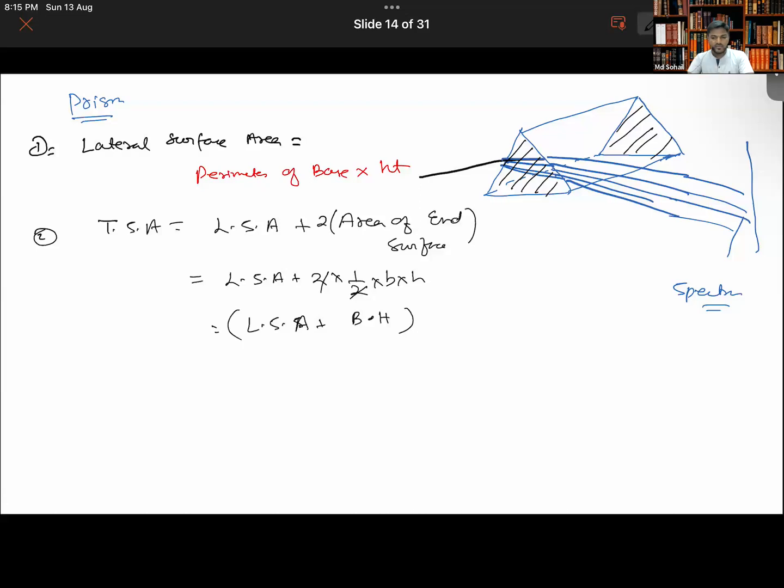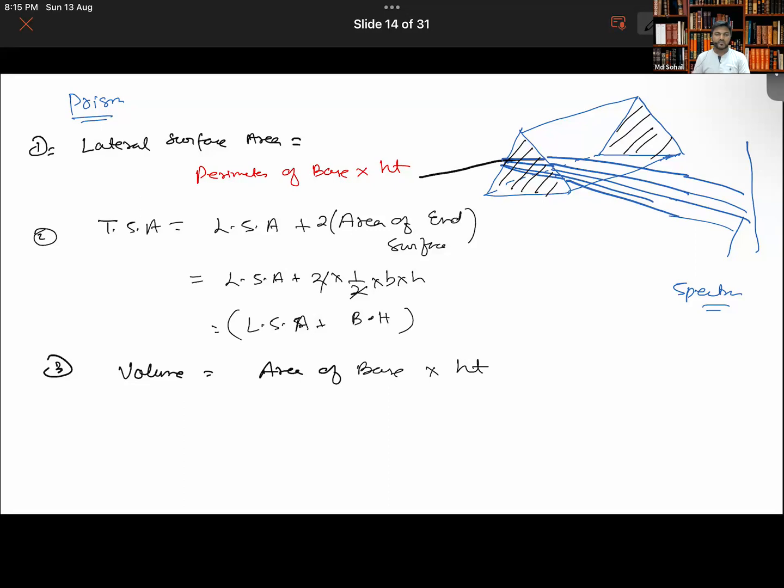In fact, I think you guys don't have to solve questions based on prism, but still we get to understand this one as well. Okay, then what if you were to find the volume? Arhan, how do you calculate the volume of a prism? Basically you take the area of base and then multiply it with its height.